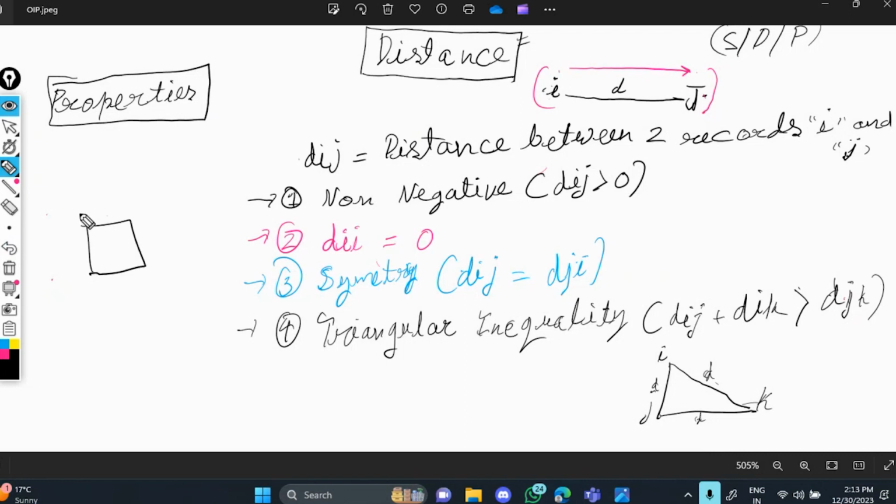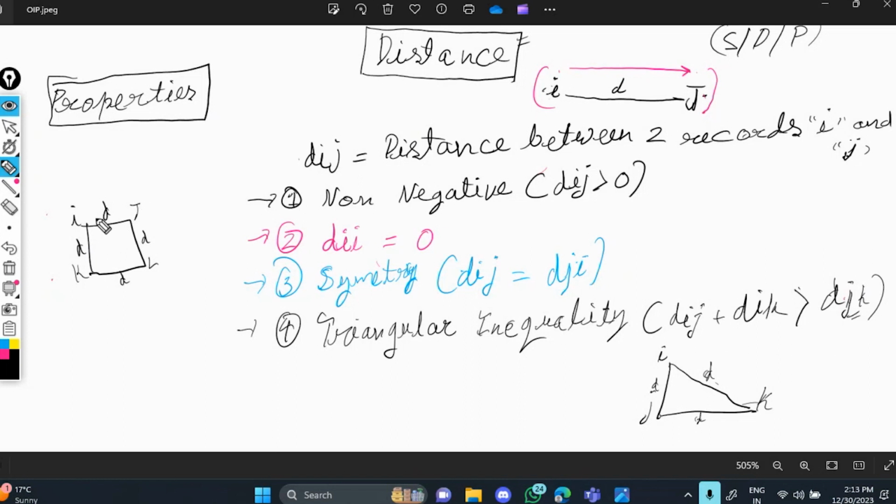If we try to calculate I, J, K, and L, the distances here are the same. All the points' distances are a little bit the same, but if we add two different distances here, it is always greater than the third one, right?